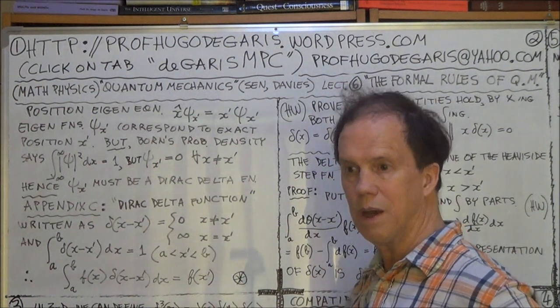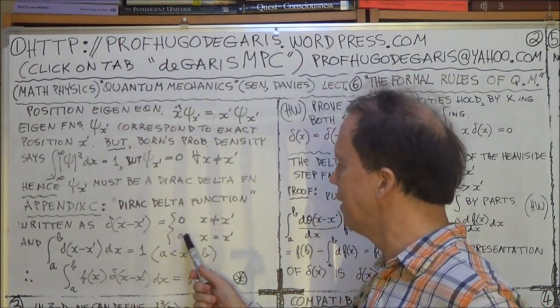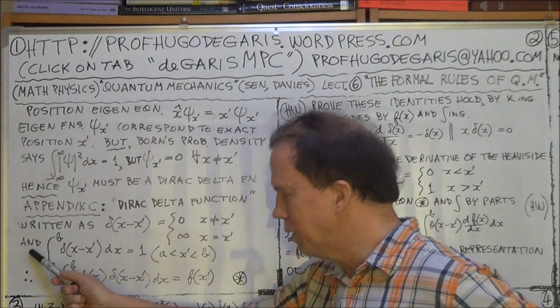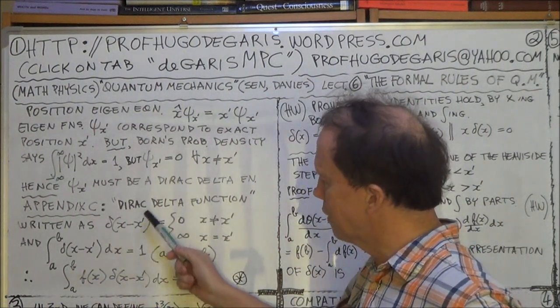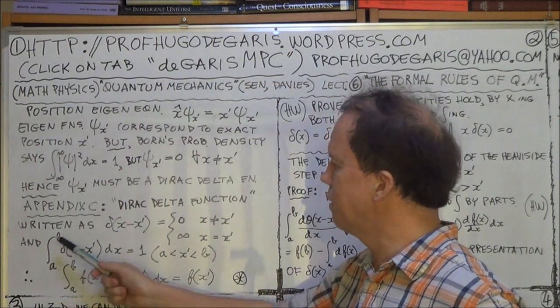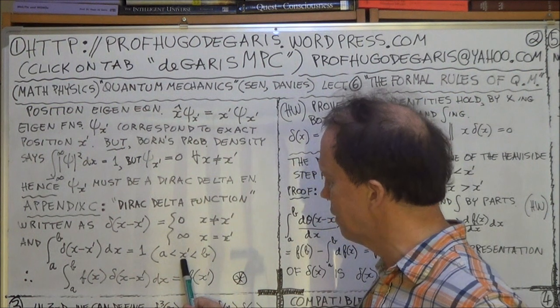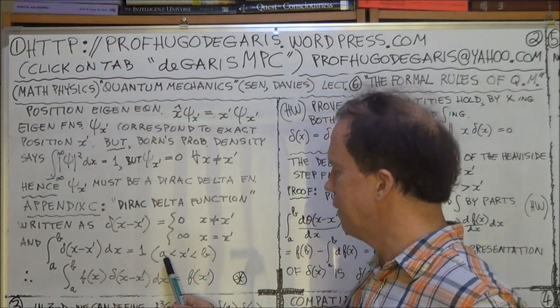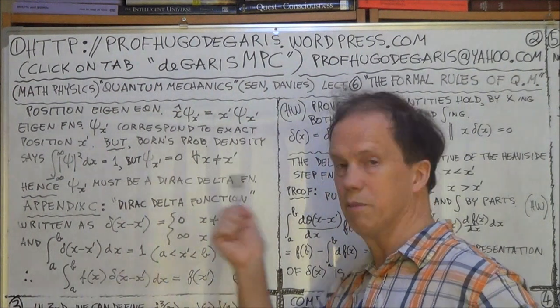Okay, so it's a two-valued function, naught and infinity, with a restriction that if you integrate this function over the limits a to b, provided that your x dashed, this constant here, lies within the range of a and b. Otherwise it's not much point.